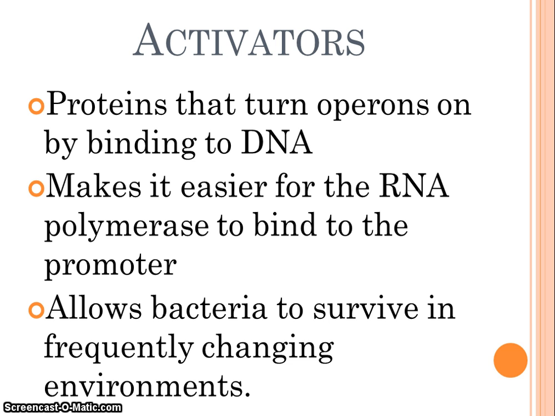Activators are proteins that turn operons on by binding to the DNA. And it makes it much easier for the RNA polymerase to bind to the promoter. And that's going to allow the bacteria to survive in the frequently changing environments that they have. Okay, so again, all of this was for the lac operon with the prokaryotes.